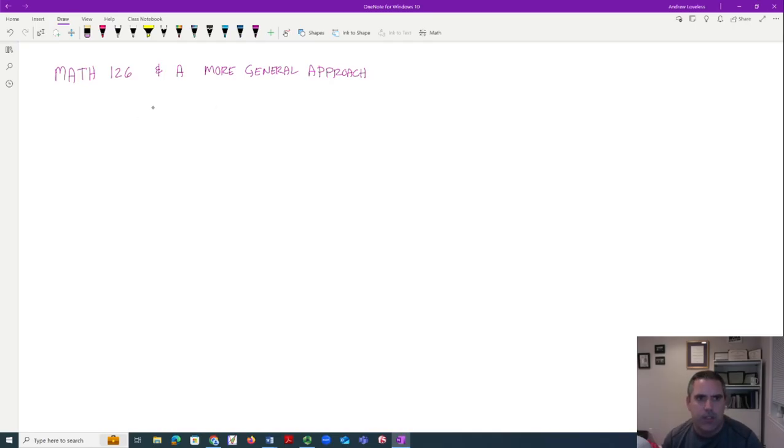I'm going to just set the stage for the next piece. So we had this line right here, x equals a, and we had this circle, x squared plus y squared equals r squared, and we were solving for when that was 1/3 of the area.